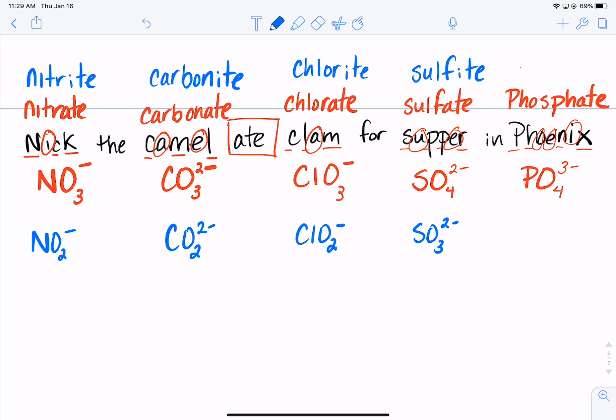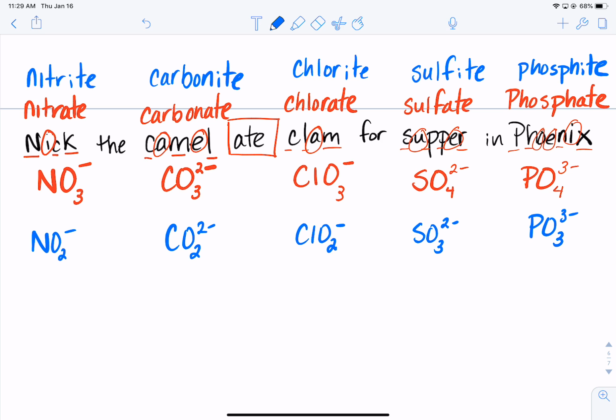And then finally phosphite, PO3, 3 minus. So Nick the Camel, Clam for Supper, and Phoenix, all of a sudden you now can memorize 10 of those polyatomic ions just from that. So you could figure out what the ate is, and then from there go one less oxygen to figure out what the ite is.